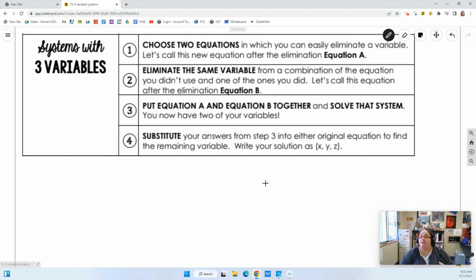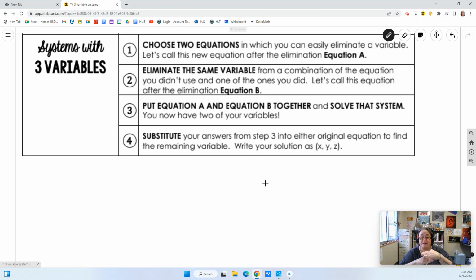Then we take one of the previous equations and match it up with the remaining equation that we didn't use. We're going to call that equation B, and we are going to eliminate the same variable we did from the first ones we chose.